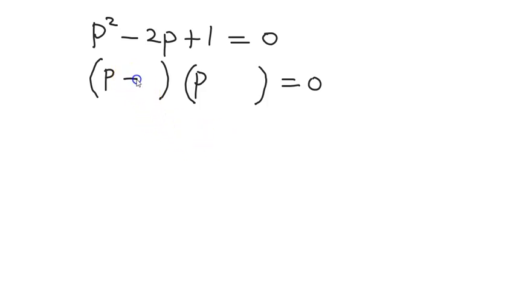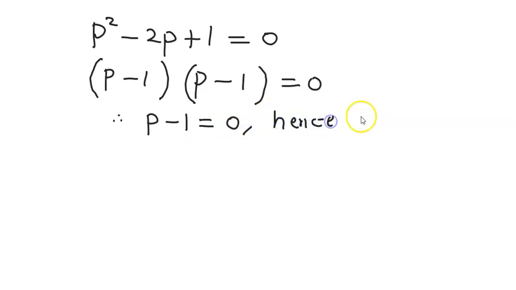They are negative 1 and negative 1. So minus 1 times minus 1 is positive 1, and minus 1 plus minus 1 is minus 2. So when you have two factors equal to 0, either of the factors is equal to 0. Therefore, p minus 1 equals 0. Hence, p is equal to 1.